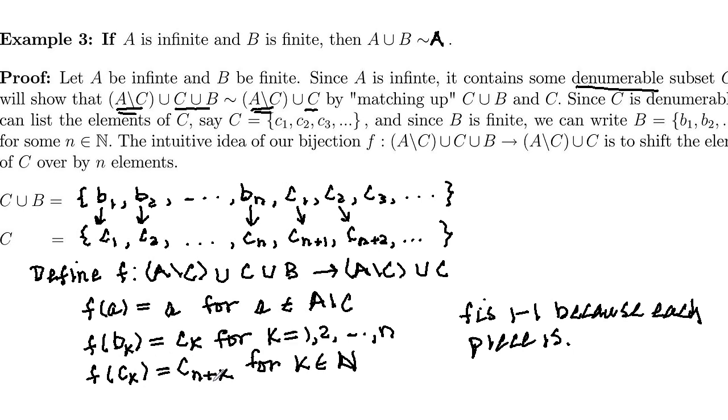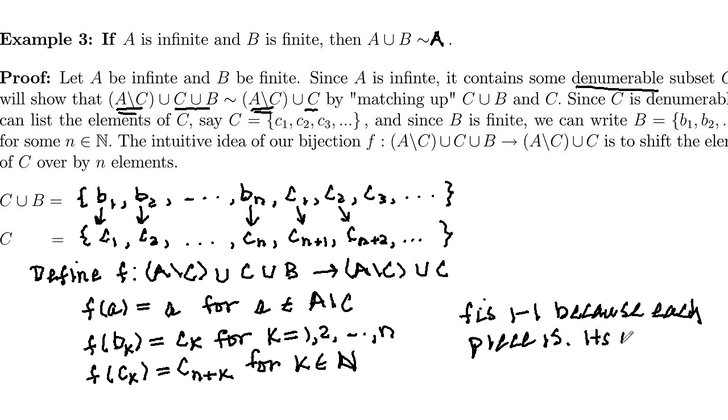And then it's also onto. You can see that it's onto by construction. So it's 1 to 1 and onto because each piece is. And then all the sets are disjoint. The sets here on this side, they're all disjoint. Okay, so it's 1 to 1 because each piece is.